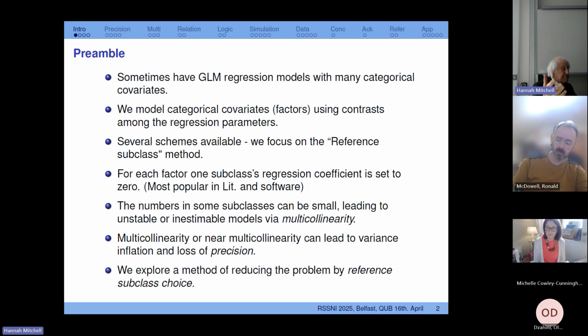So if you have M categorical variables in the model, by selecting particular subclasses in each of the variables without any computation, just I'm going to make that one the reference subclass and this one the reference subclass in the second factor, etc., you're going to effectively reduce the multicollinearity in the model.